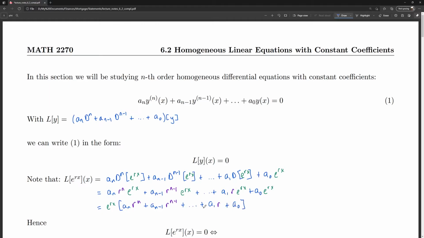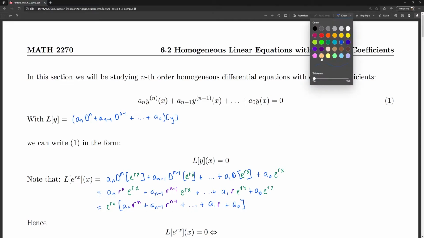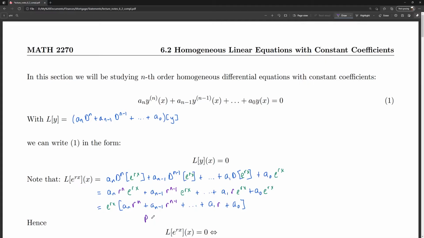And if we call this a polynomial in r, remember all the a sub n's are constants, so we can call that P of r, right? This whole polynomial.